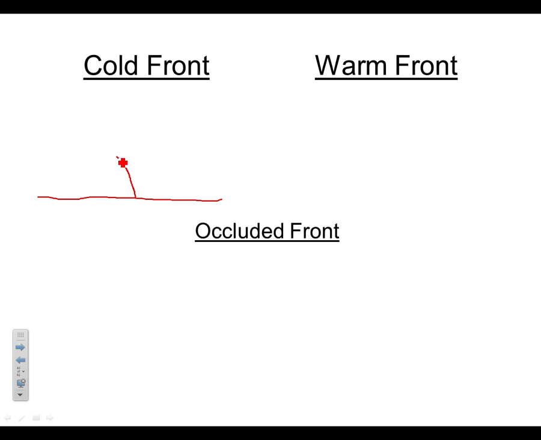So here is my cold air. It's this big blob of heavy, dense, cold, contracted air, and it's meeting our warm air. So our warm air is over here. The cold air is advancing into the warm air.